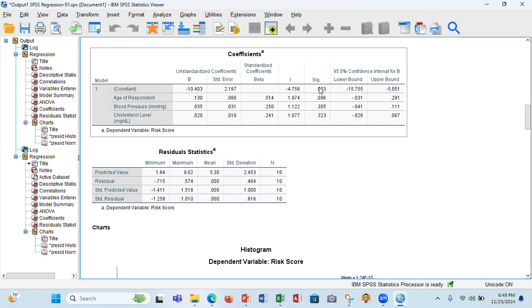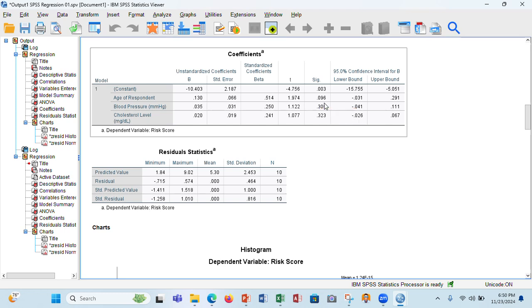So to interpret this column of level of significance for each of the variables here, for example age, we base on the alpha value that we set.